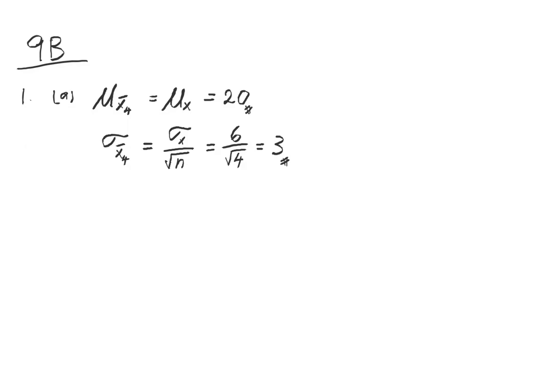Okay, now can I take this further? Let's look at whether it is possible for me to ask you to sketch the graph. If I give you this information, if X is normally distributed, what can you say about X bar 4?